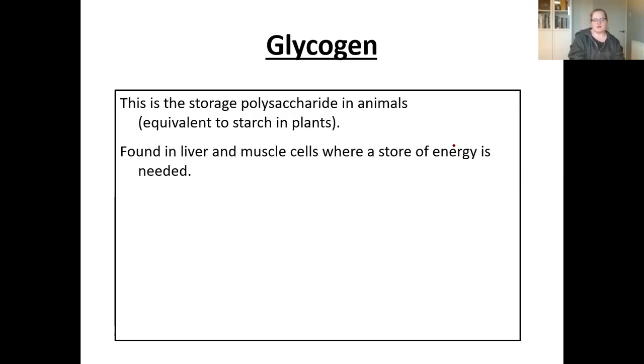And it is a polysaccharide of alpha glucose again. Starch is a polysaccharide of alpha glucose, and so is glycogen. It is very similar to amylopectin. So not only is it our equivalent to starch, its actual structure is very similar to amylopectin. But glycogen has more side branches. And we'll talk about why that is useful in a second.